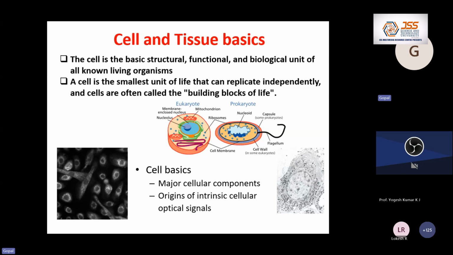So cell basics, major cellular components, origins of intrinsic cellular optical signals. Here the cells or any biological material will respond to some light, no doubt about it.